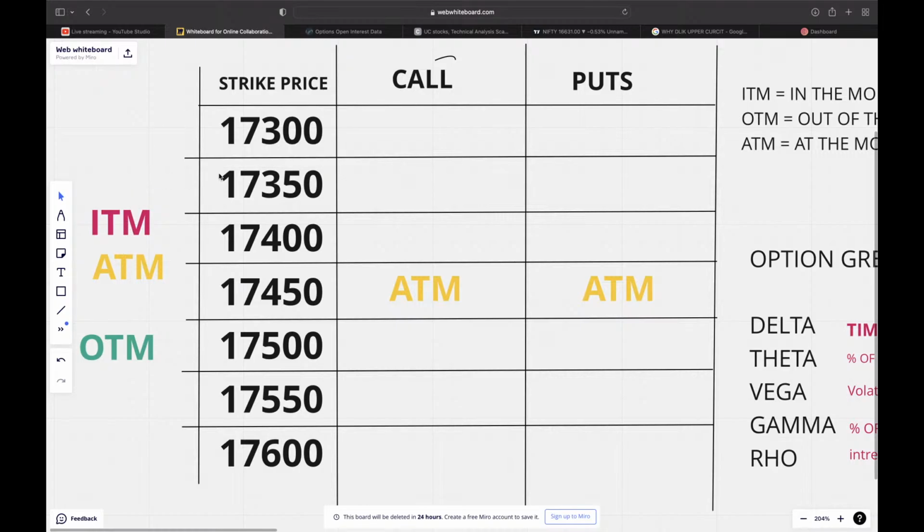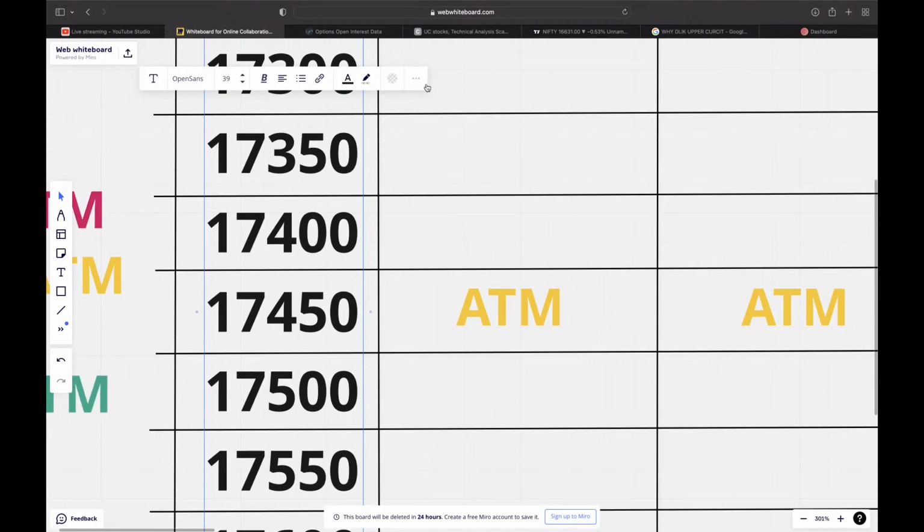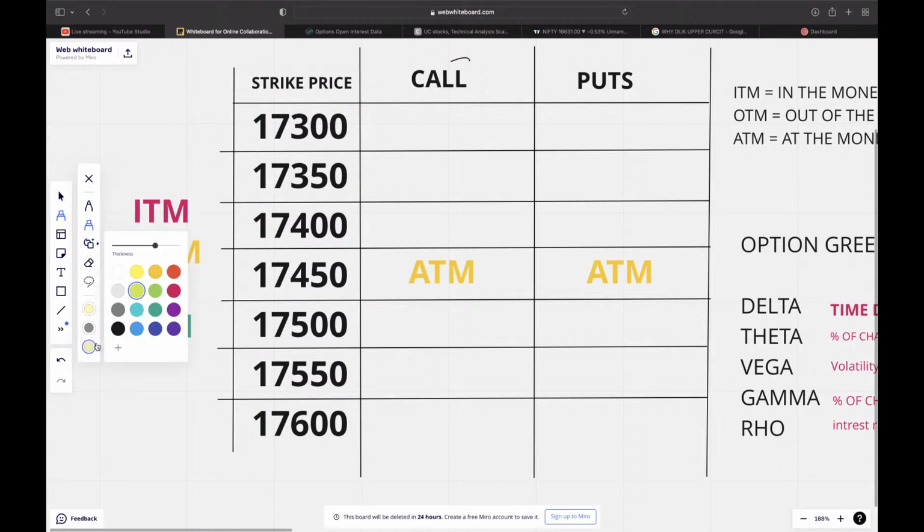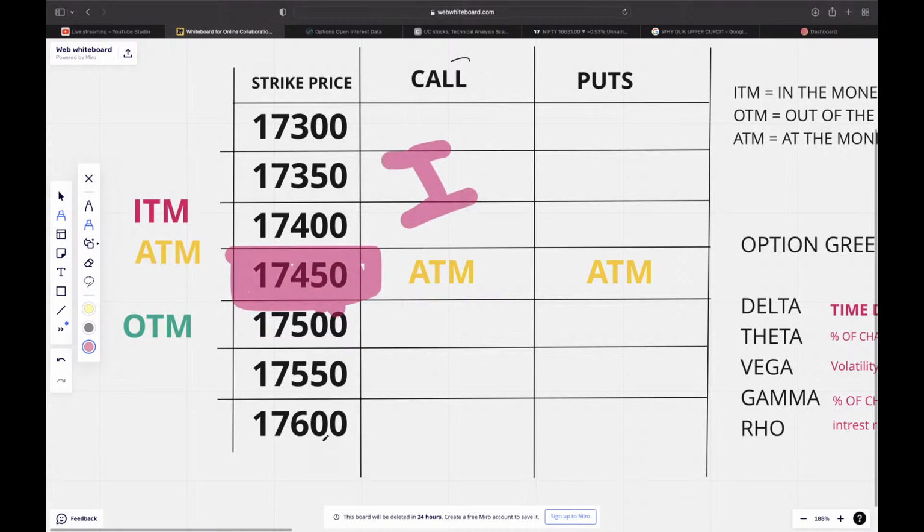So what will be the inner value? 17,400 will be the inner value or 500 will be the inner value? If for example the current market is at 17,450, what will be the inner value? 400, or 500, 600? Inner, okay?